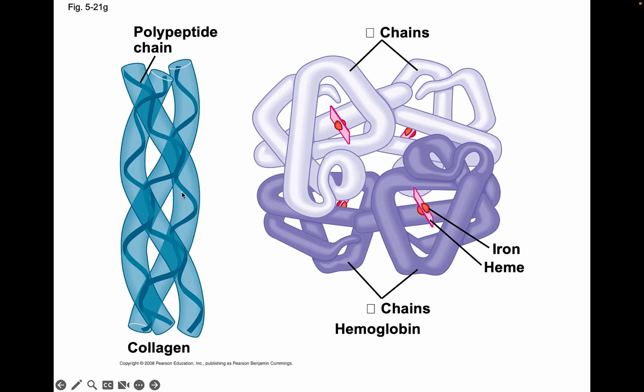All right, so here's collagen, which we talked about, which was 3 polypeptide chains that are put together. This is a quaternary structure, and here's the quaternary structure of hemoglobin. I have 2 gammas. Is it 2 gammas? Let me think.